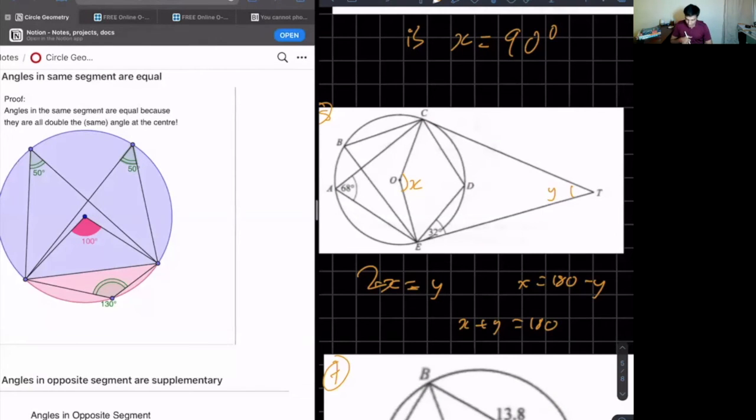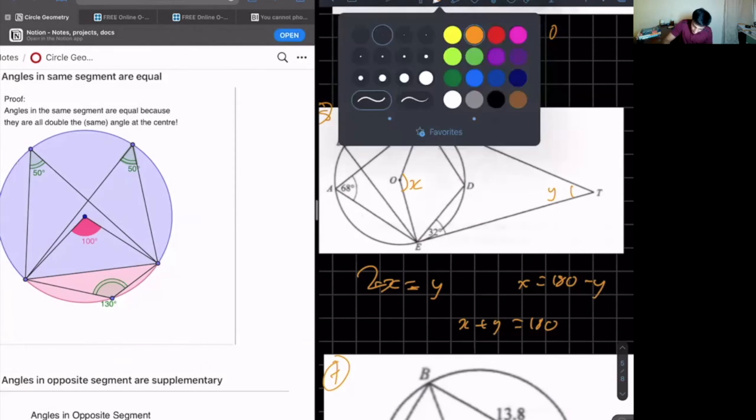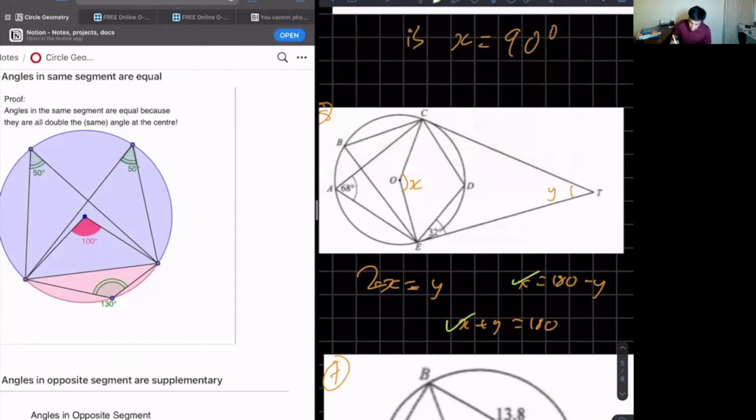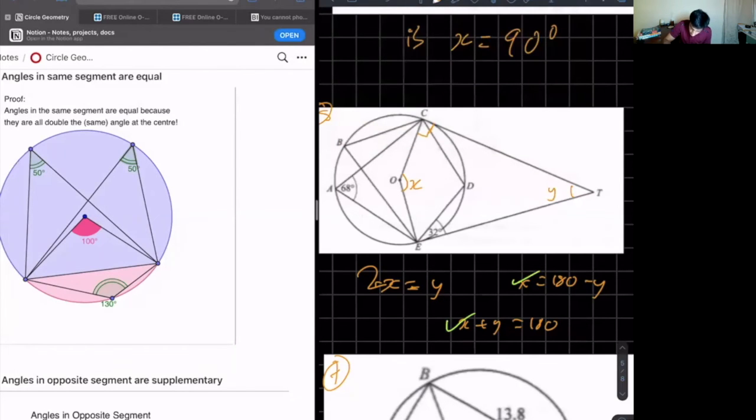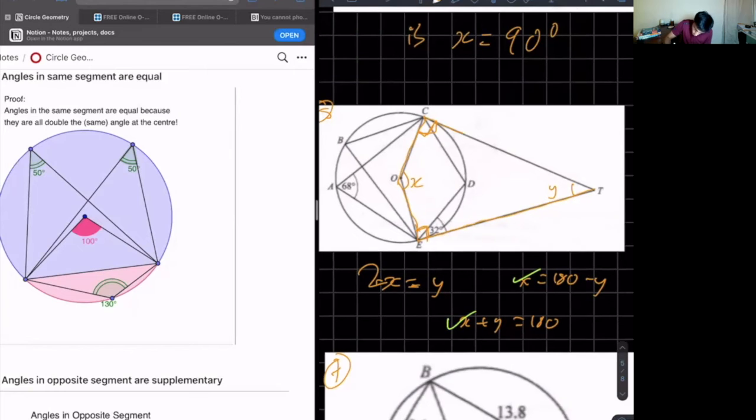Okay, good. People are learning. There's a lot of mistakes in here. Actually, never mind. I didn't realize, so this and this is correct. Reason being, if this is 90 degrees, you have to spot that this is a tangent. This is also a tangent, and this here is a quadrilateral.